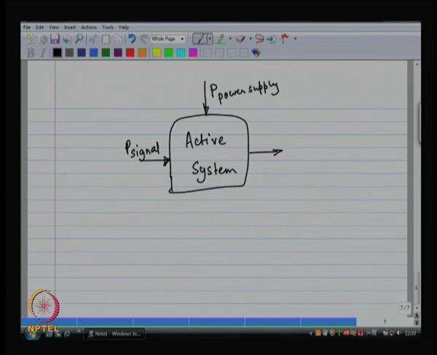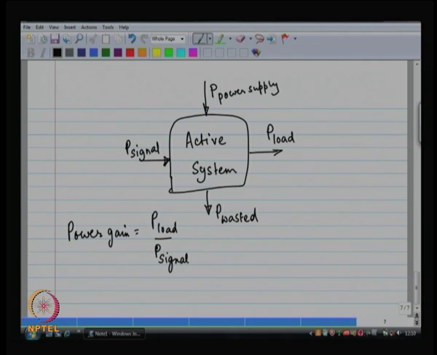Okay. And power is delivered to the load. So, looking at this kind of a system, we can say that power gain is P load by P signal and P load plus P wasted. Of course, you want to waste as little as possible, probably want to waste 0.